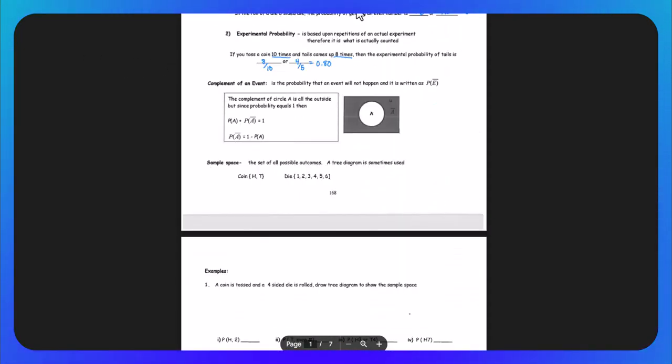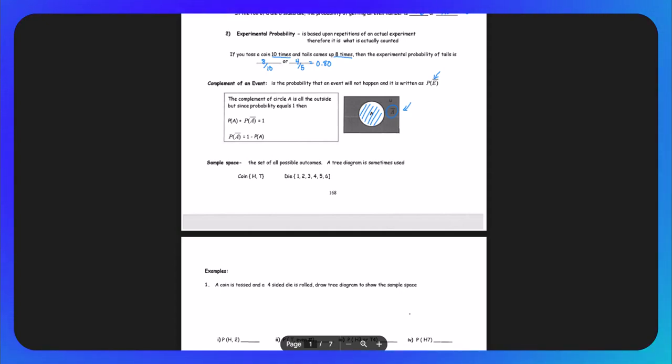Now let's look at the complement of an event. This is the probability that an event will not happen. And we have a special way of writing it. We say P of E, just like we normally would, the probability of event E, but we put this little bar over the top. And this represents the probability of the complement. Now, in our Venn type diagram right here, if A is our event, then A bar is the complement of that event.